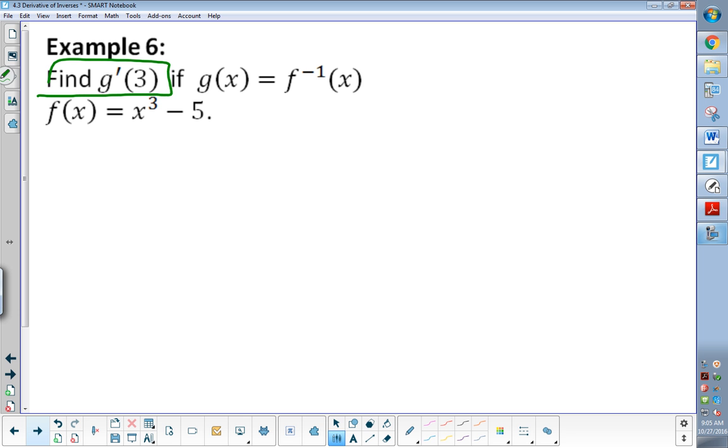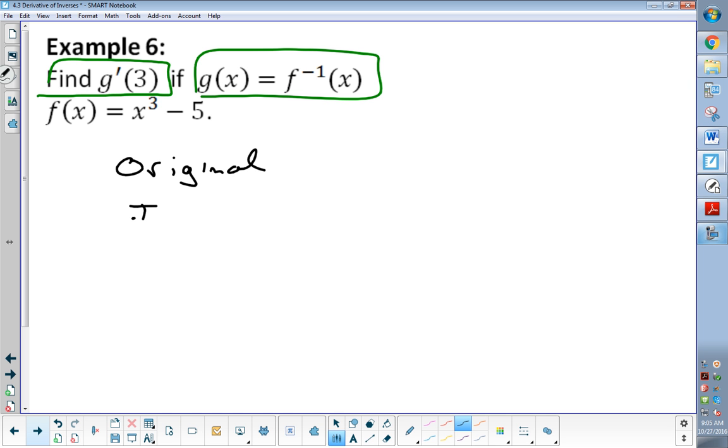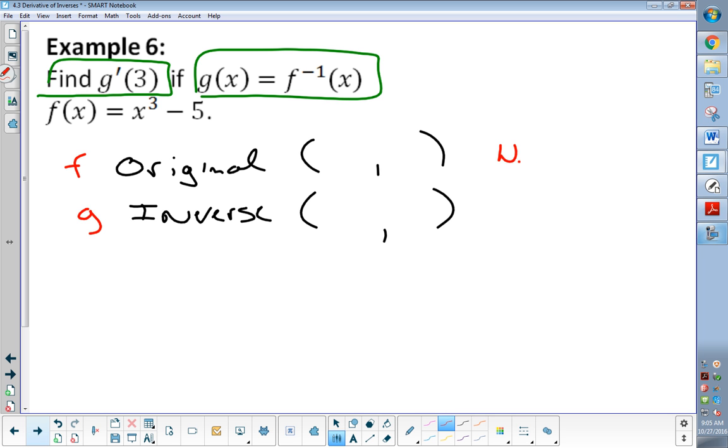Finding g prime at 3. I see inverses. All right. So I want to know original point. I want to know what the inverse point is. I want g prime at 3, so I'm going to call my inverse g. So what's my original going to be then? F. I want g prime at 3.